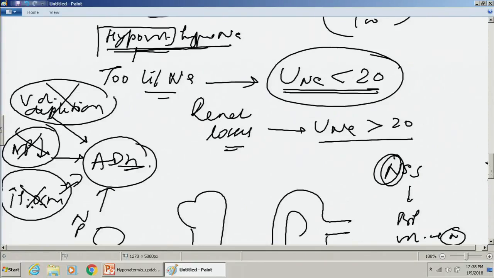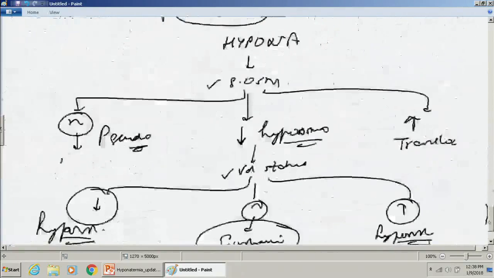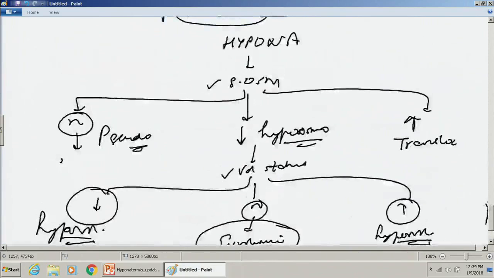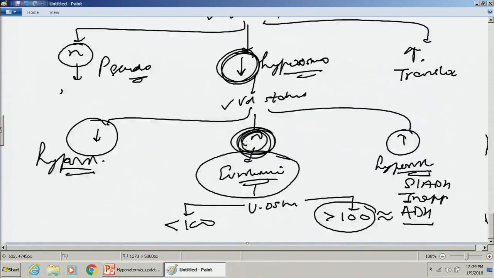That is why we call this inappropriate ADH, or in other words, syndrome of inappropriate ADH, which has like 1,000 other causes. But is that making sense? So we do have low serum osmolarity. It is not high enough to cause ADH stimulus. And we have normal volume status. It is not low enough to cause ADH stimulus. But our ADH is inappropriately active, so we're calling it SIADH.